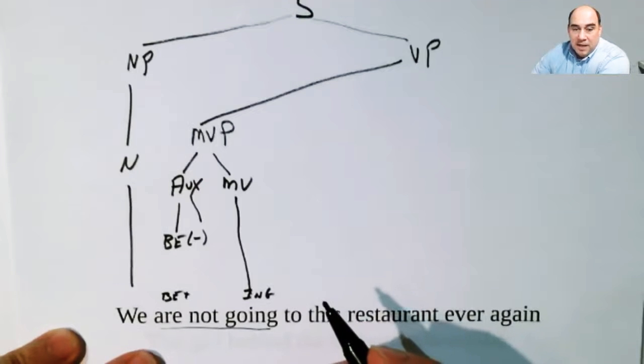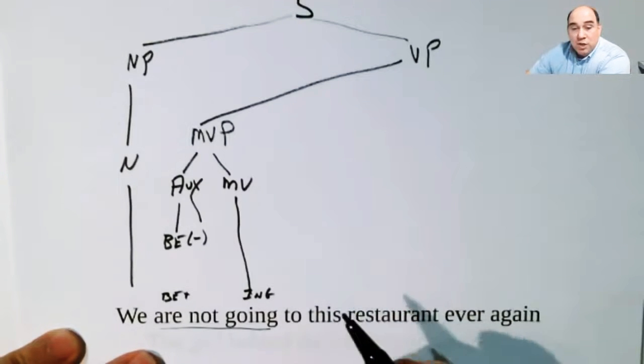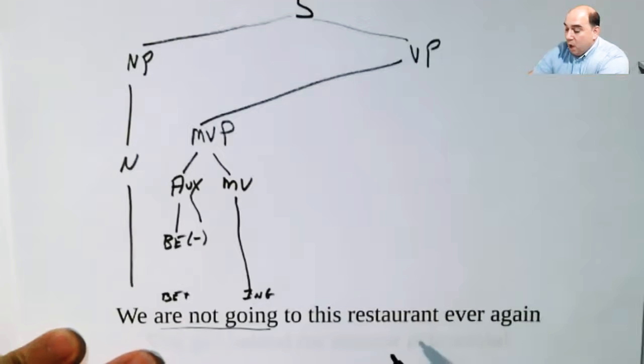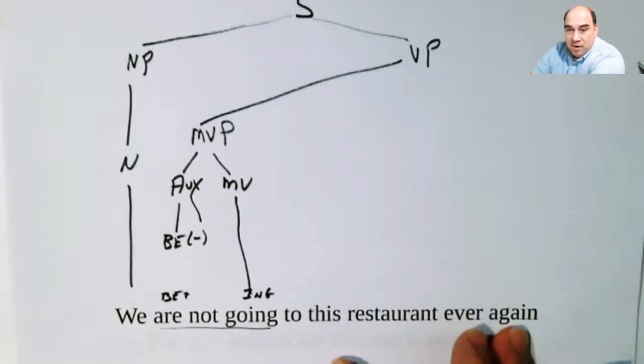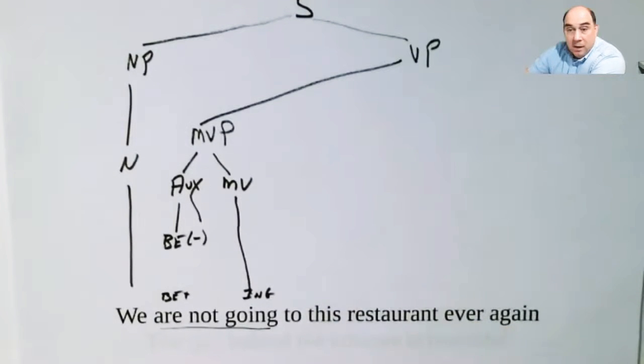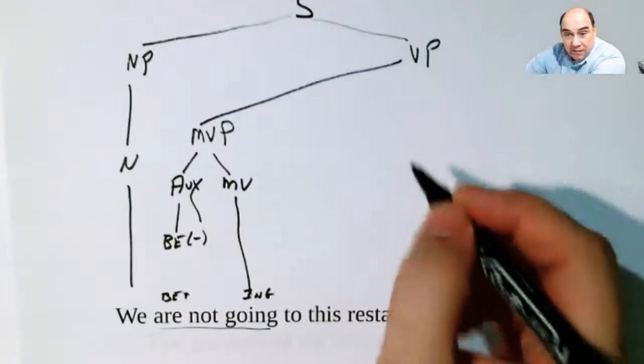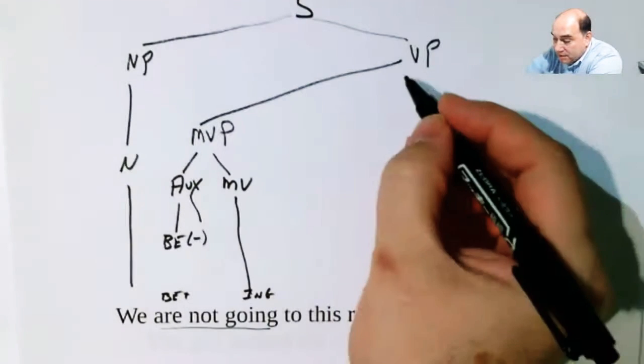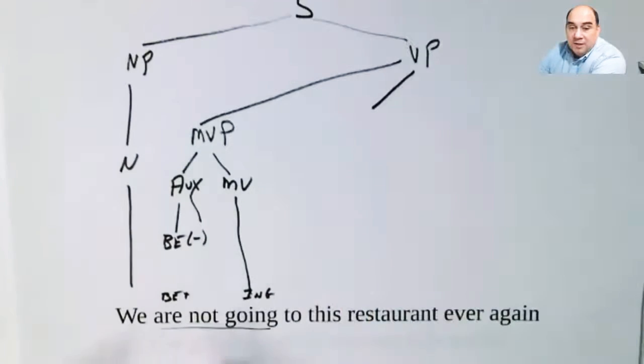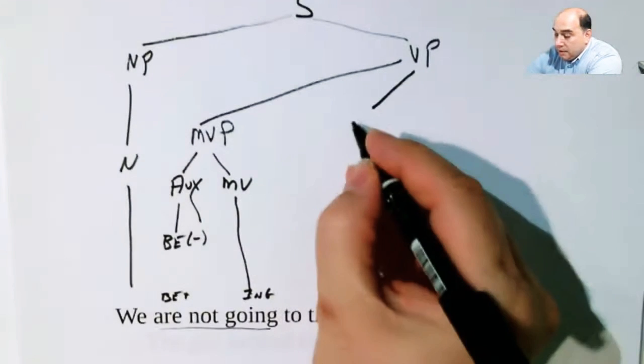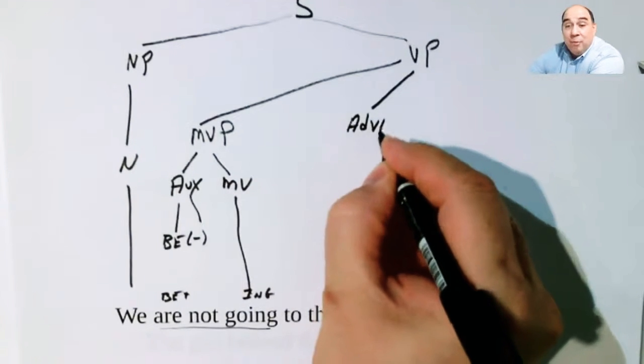You don't need to put that in there, but all right, to this restaurant. That's where they're going. I guess this is going to be describing the restaurant, right? So again, we look at the two questions that we asked, form and function. Well, its function is describing the verb, so it's going to be an adverb phrase.